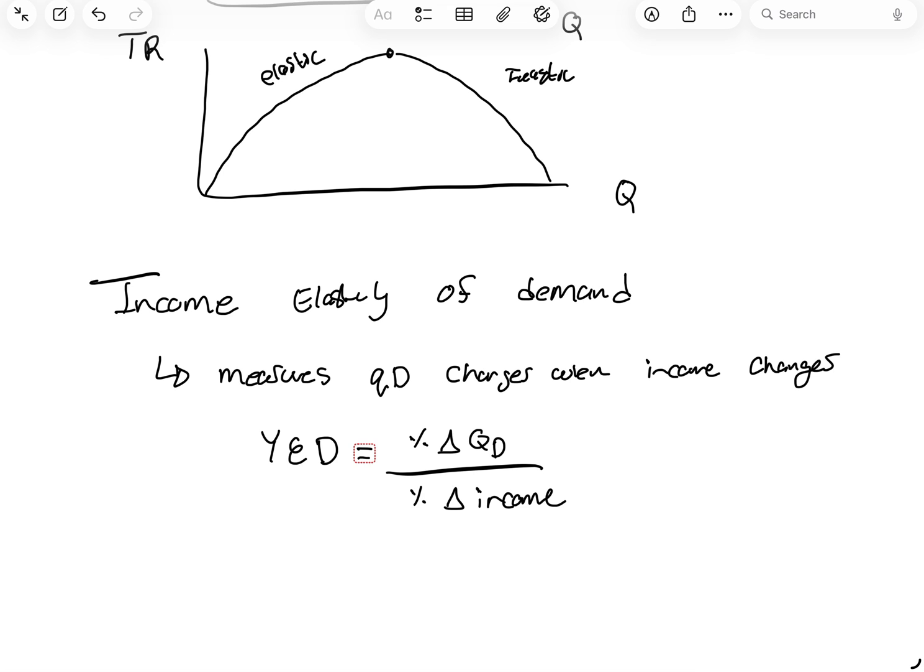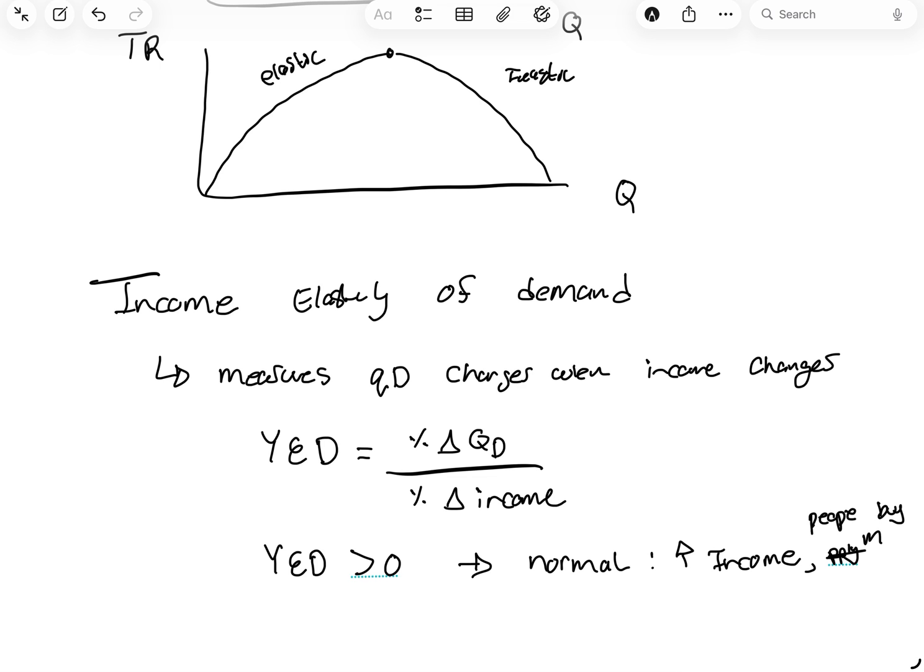So it looks kind of like this. And what we end up with is, if the value you get from your YED calculation is greater than 0, we call that a normal good, as you might have gone through in some of your previous lessons. What this means is, as there's an increase in income, people buy more of that particular product.